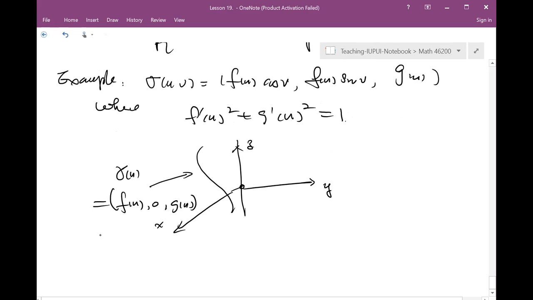This is a unit speed curve in the xz plane, and if it's rotated along the x-axis, you get a surface of revolution. Okay, that's what we got.